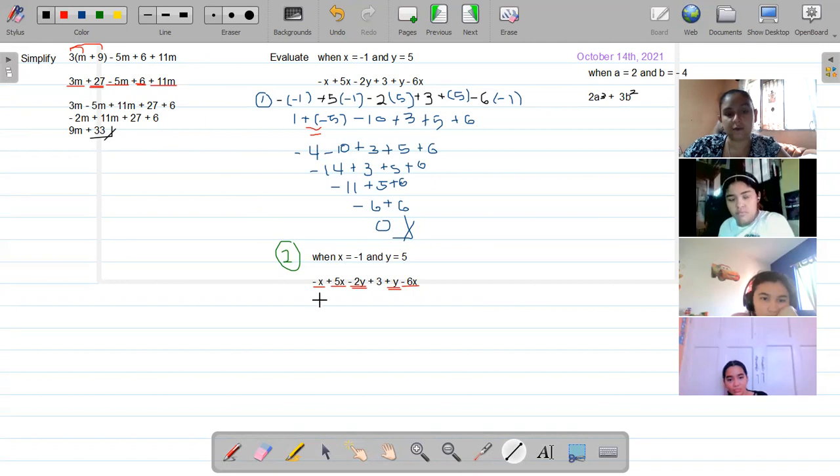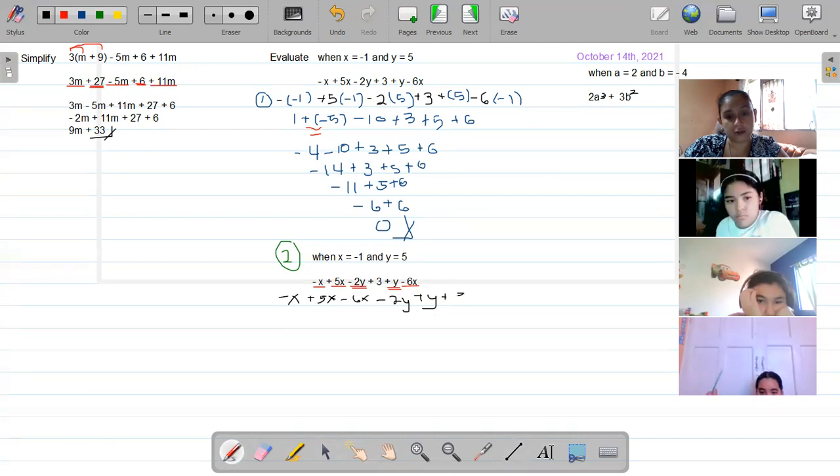And I said that I was gonna simplify first, so I'm gonna rewrite it with the variables one next to the other. So this is gonna be -x plus 5x minus 6x. Now the y, so minus 2y plus y, and then the constant plus 3.